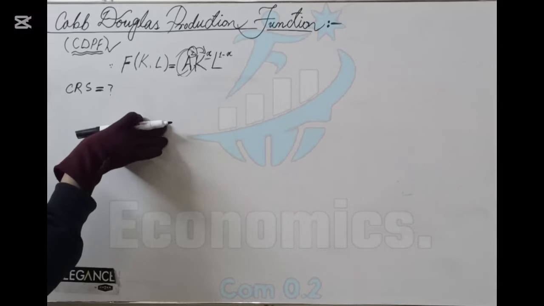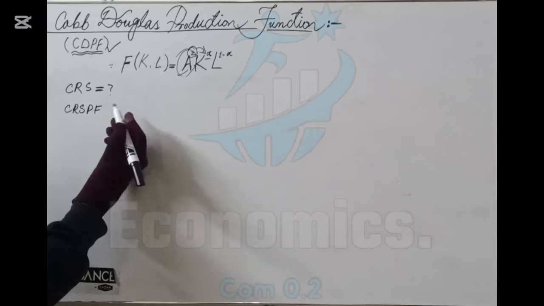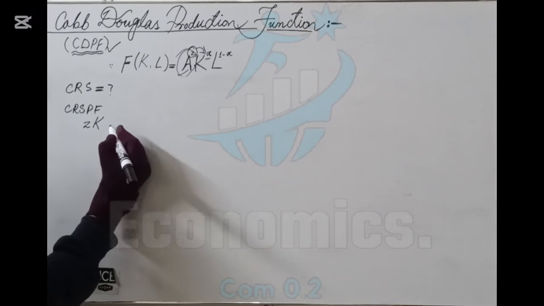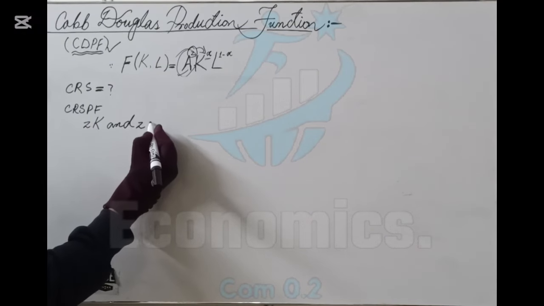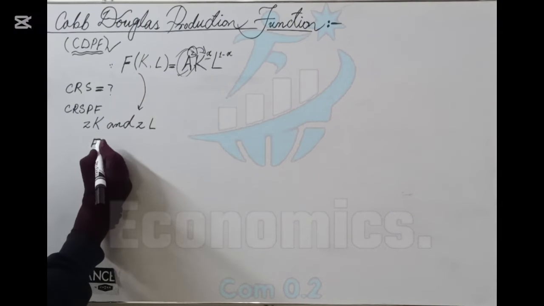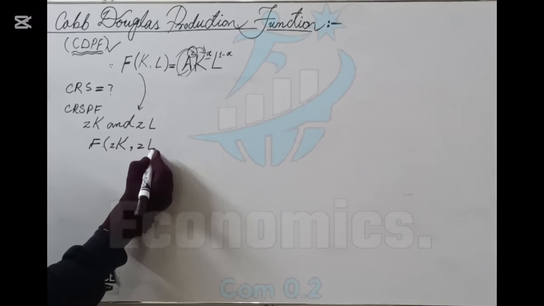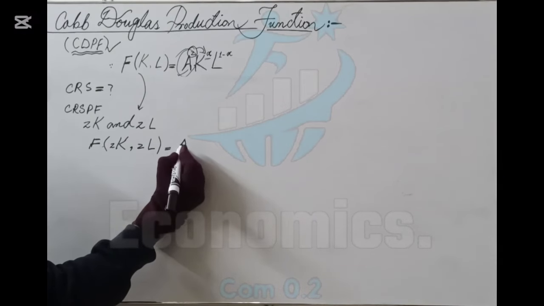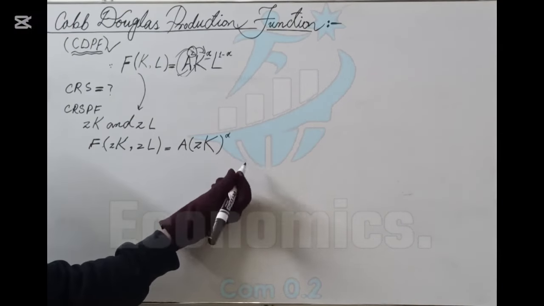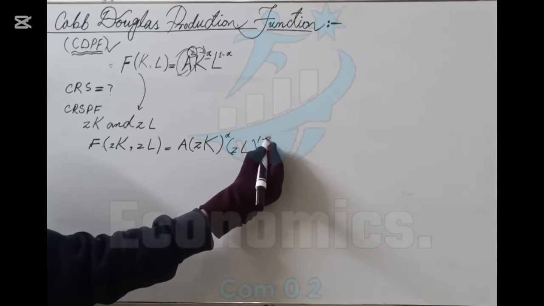The general test is that if you multiply K by Z and L by Z, we get A times ZK raised to the power alpha, times ZL to the power 1 minus alpha.